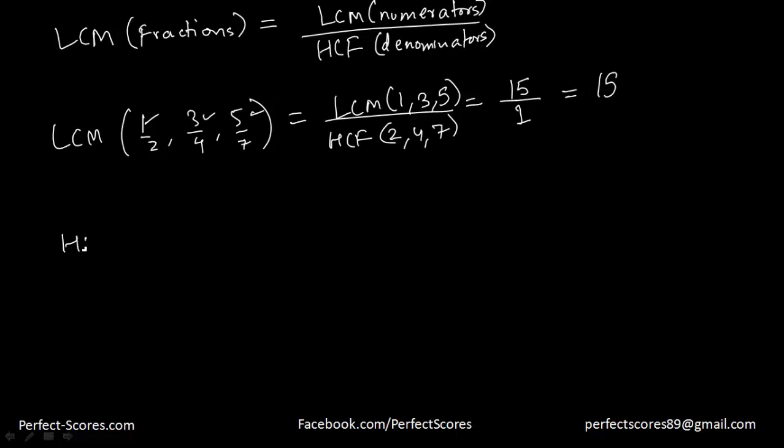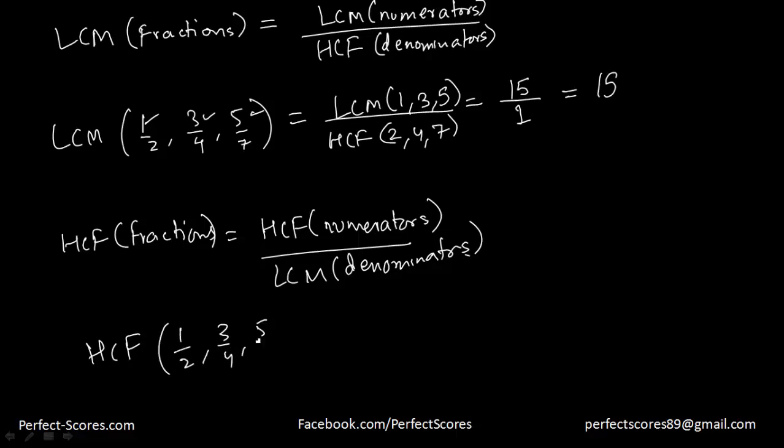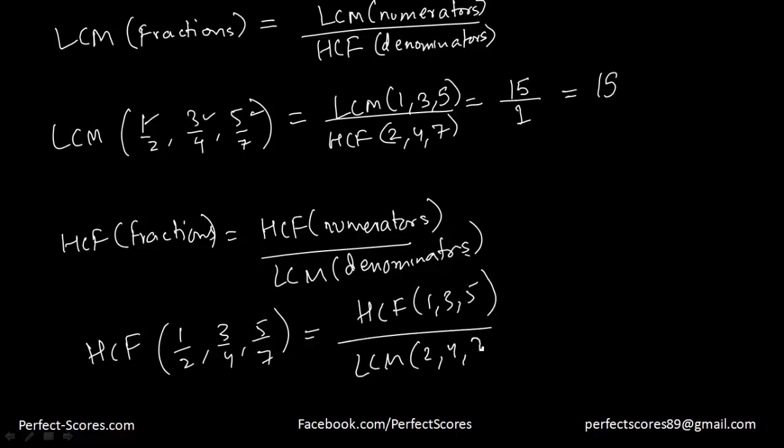Another thing, the HCF of fractions is again similar: it is equal to the HCF of the numerators divided by the LCM of the denominators. So similarly, if I have to find the HCF of the fractions 1 by 2, 3 by 4, and 5 by 7, that would be equal to the HCF of 1, 3, and 5, over the LCM of 2, 4, and 7.